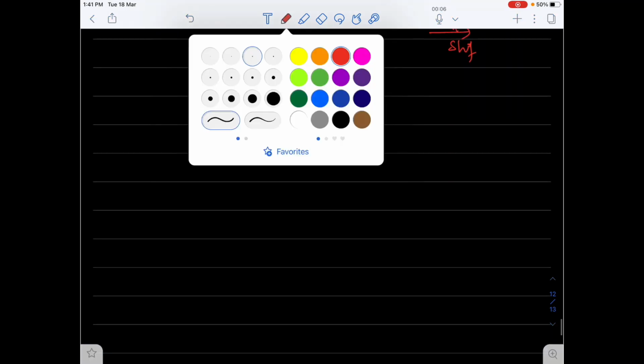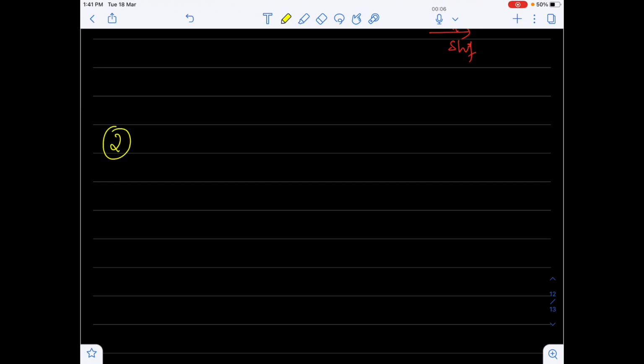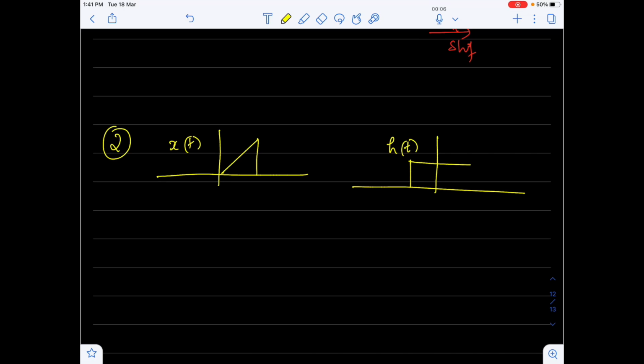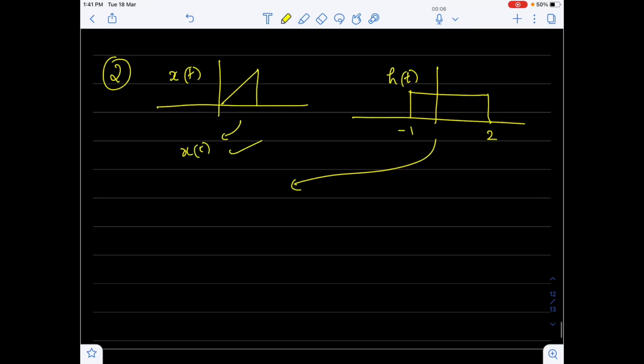Another case I want to tell you about: suppose you have x of t something like this, this is a graph. And h of t has a negative side and a positive side; it is minus 1 here, and here it is 2. You know how to find x of tau, it is very easy, but I will find h of tau.